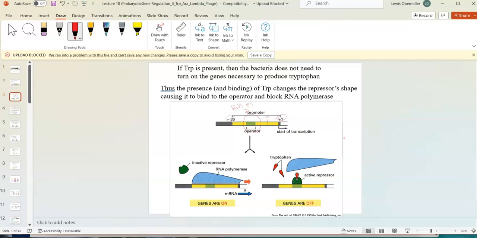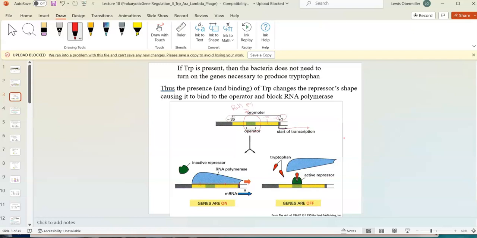And we've already covered this in a previous chapter. Remember, +1 is the start site for transcription. So anyway, this is what the operator looks like. Here's the RNA polymerase. It's going to recognize the -10 and the -35 and bind to it. And remember, its shape dictates where it's going to start reading.